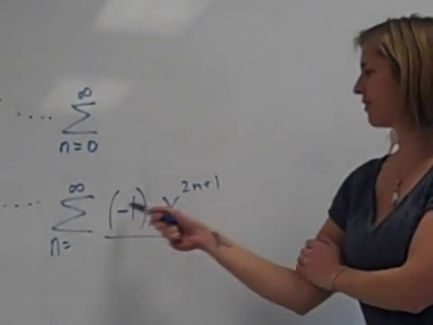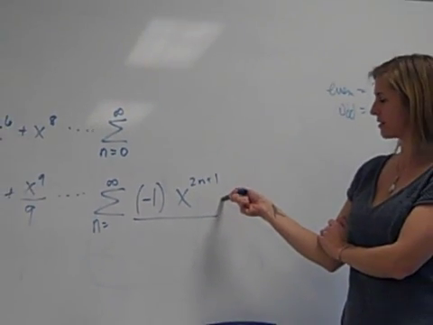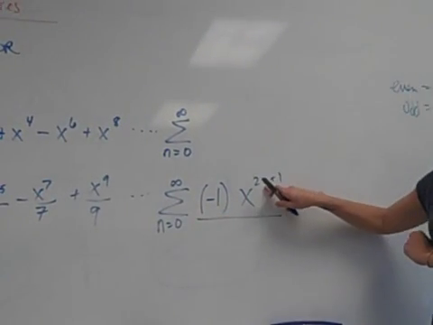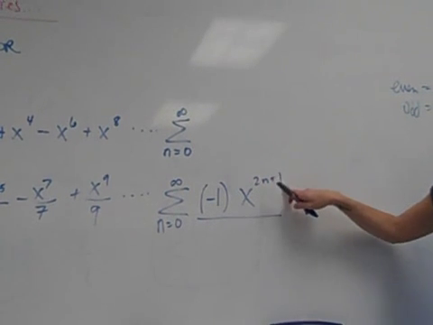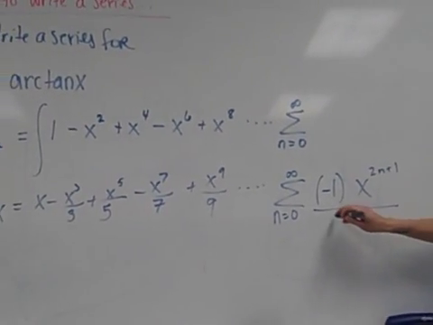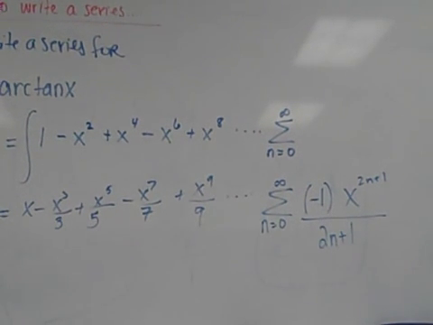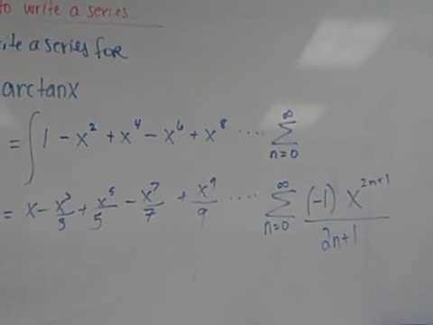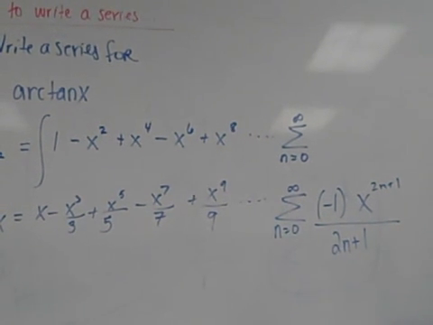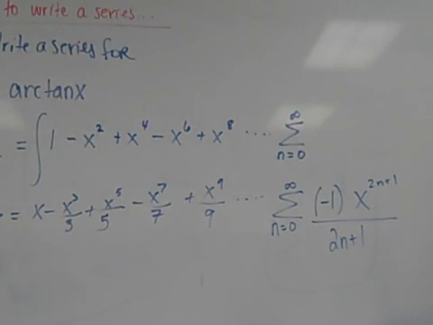Where should I start n if I want that to be the case? 0. So then I have x to the first, and then x to the third. My bottom is also all odd numbers, so 2n plus 1. Does that work? Yeah. And how about the alternator? Does it work if I start at 0?